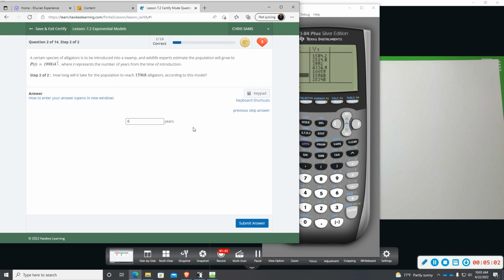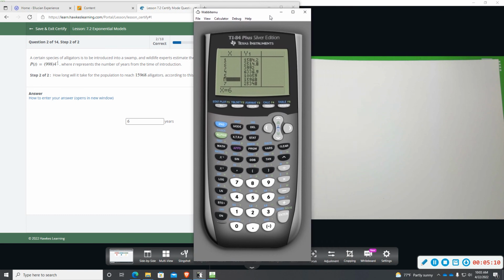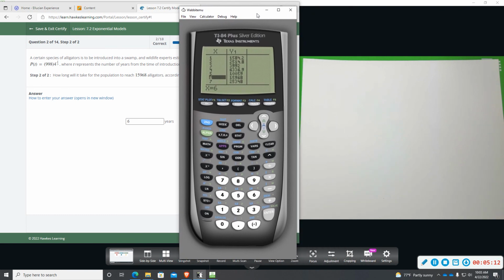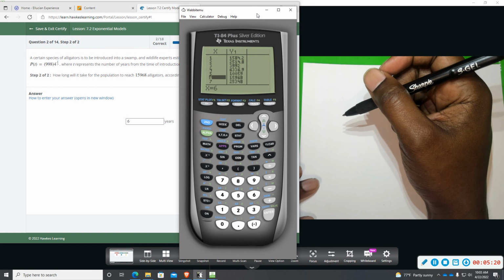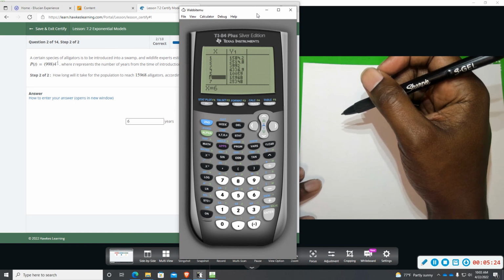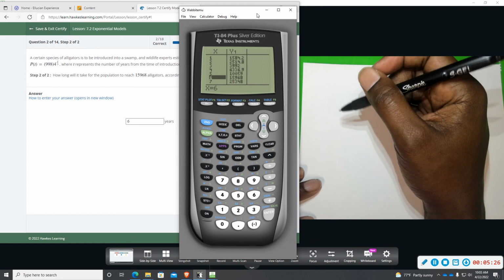Now, if you were to try to work this by hand, let me show you that part, and then I'll give you the setup, and I'll let you plug it in a calculator and you can verify it. So we want to know how long it would take to get to 15,968.